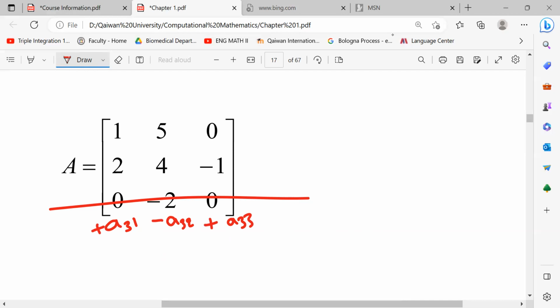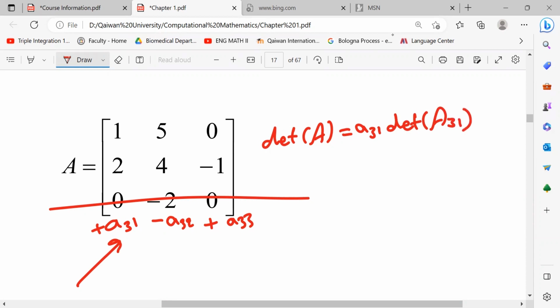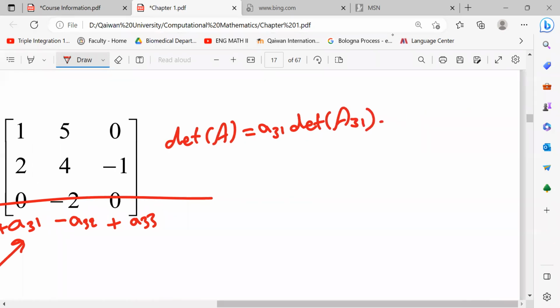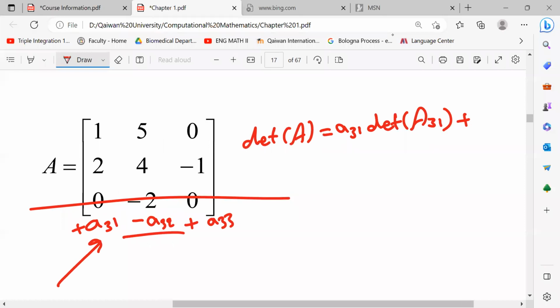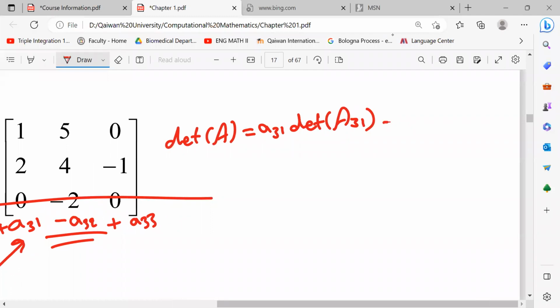That means the determinant of A is little A31 times the determinant of capital A31, then minus A32 times the determinant of capital A32.